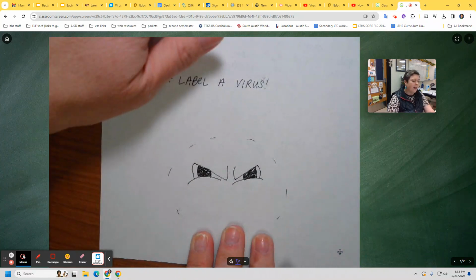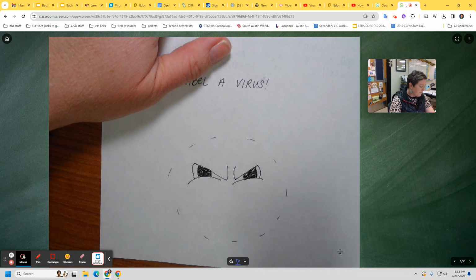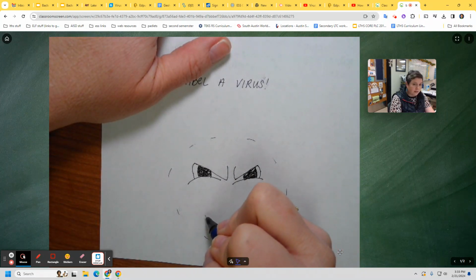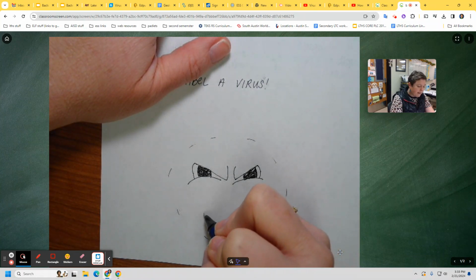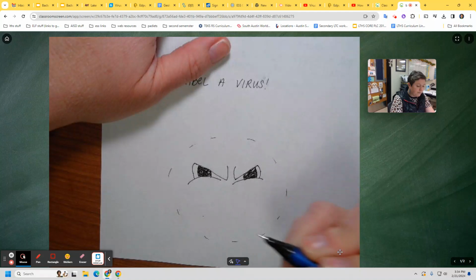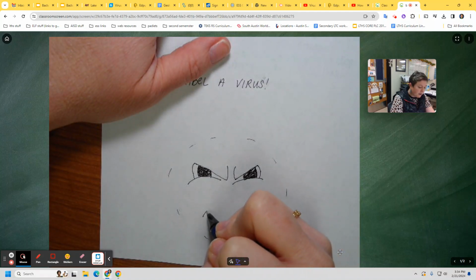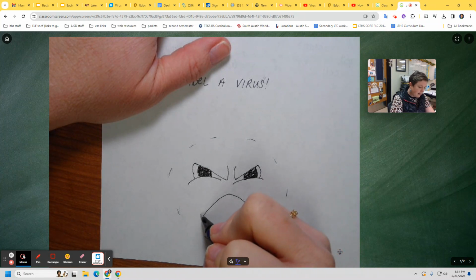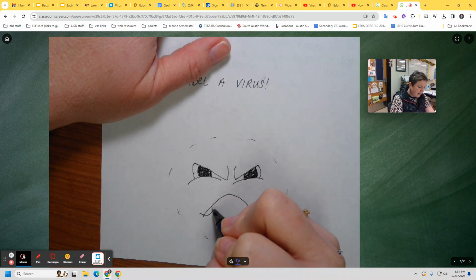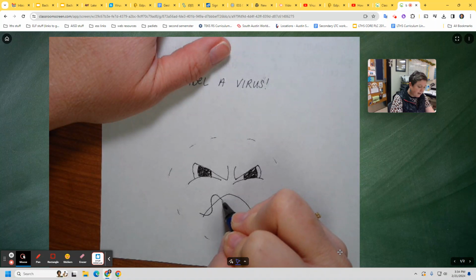Okay, and then I want to make sure you guys remember that there is DNA or genetic material or RNA inside a virus. So we're going to make him have a frowny face, but we're going to make that DNA. Here's how you do that. You're going to go like this, and then you're going to take a line and just go up and down.